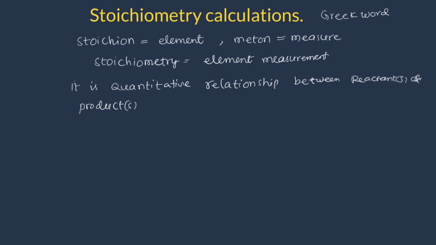This quantitative relationship between the reactants and products is called stoichiometry.